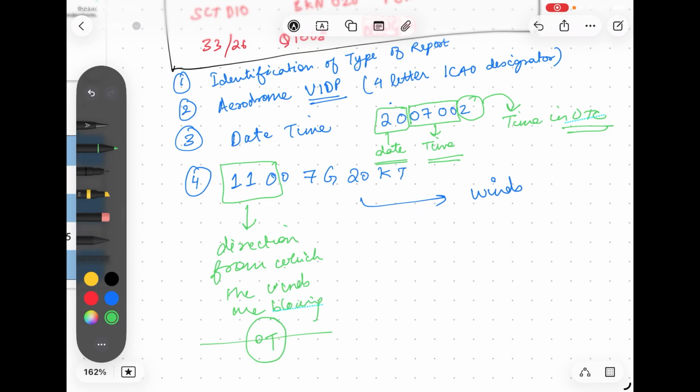If somebody has seen my previous videos, you would know that when you listen to a report, it is in degrees magnetic, but in a METAR, when you're reading it, it's in degrees true.